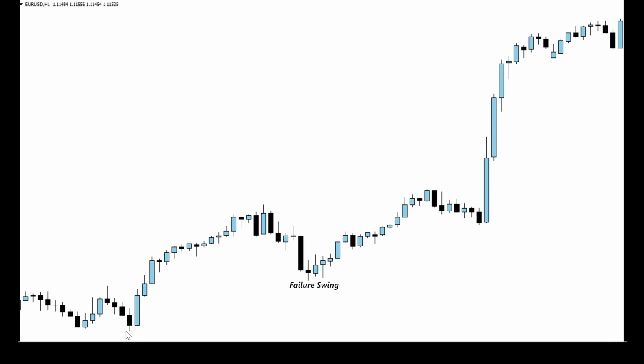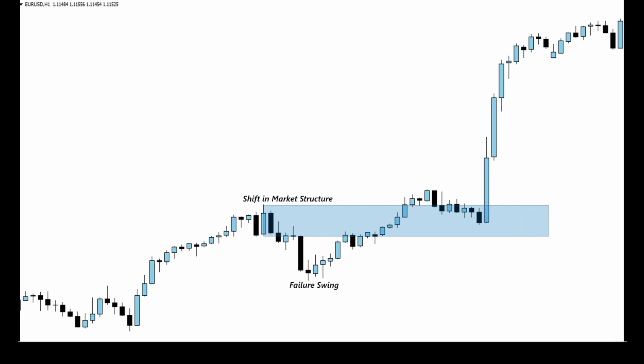So now we have a low, a high, and a higher low. So once price trades above this short-term high, there is a shift in market structure. And as soon as that happens, the mitigation block is now validated, or becomes valid.